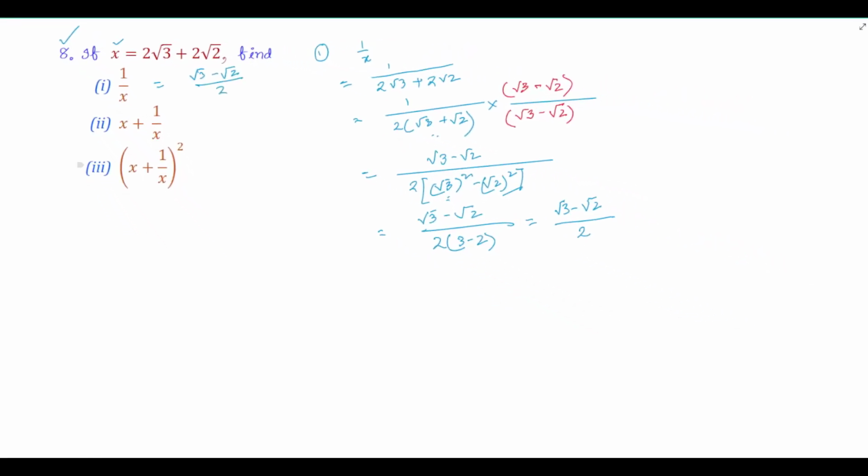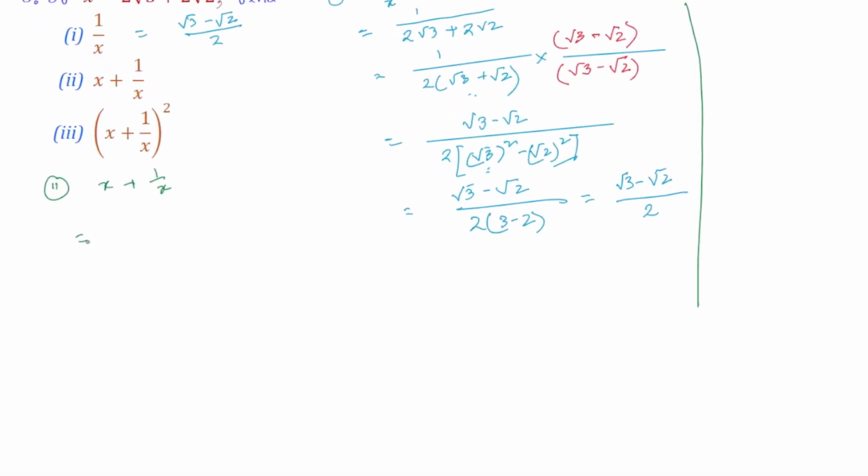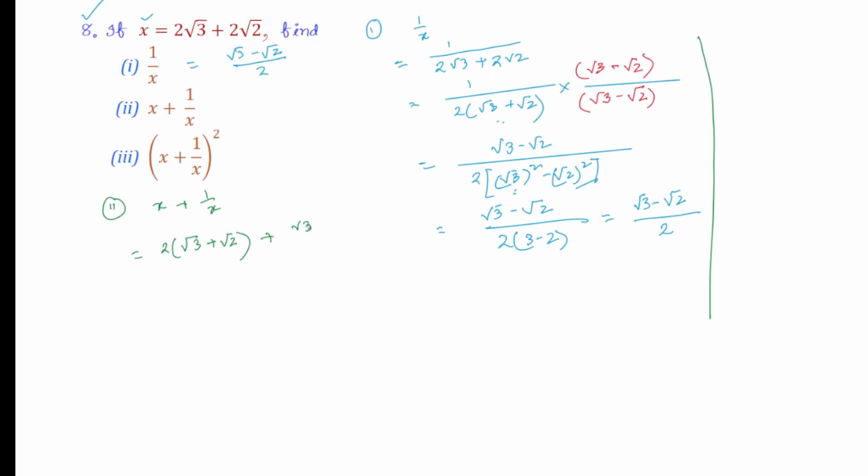Now we have to find x plus 1 upon x. So x is equal to 2 common, root 3 plus root 2, plus 1 upon x is root 3 minus root 2 divided by 2. 2 is the LCM, 2 into 2 it will be 4, and this is root 3 plus root 2 plus root 3 minus root 2.